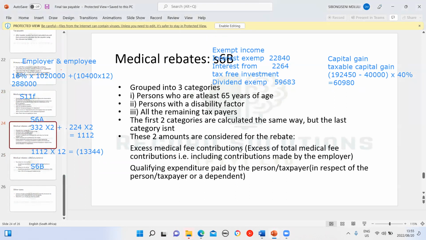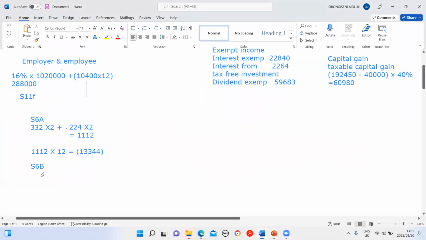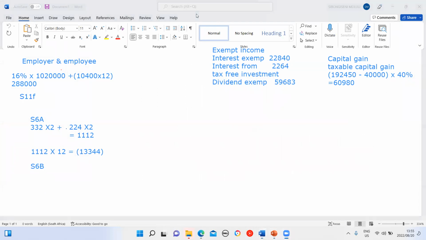So these are the excess of the rebates claimed above, including contributions made by the employer. So what will be this excess? And remember, we focus on qualifying expenditure and the excess of medical aid contributions.